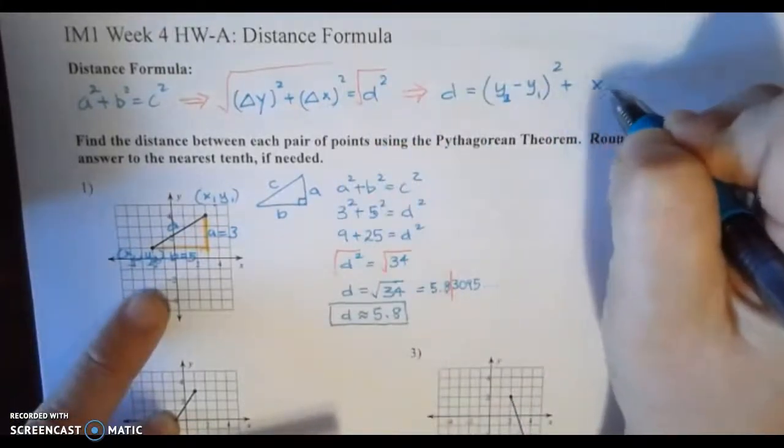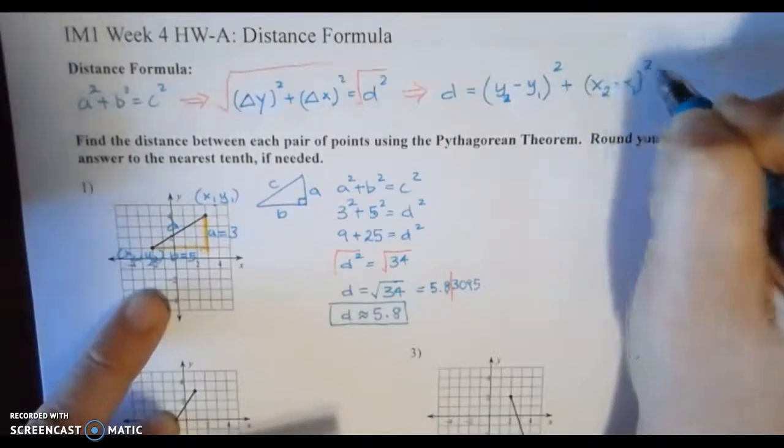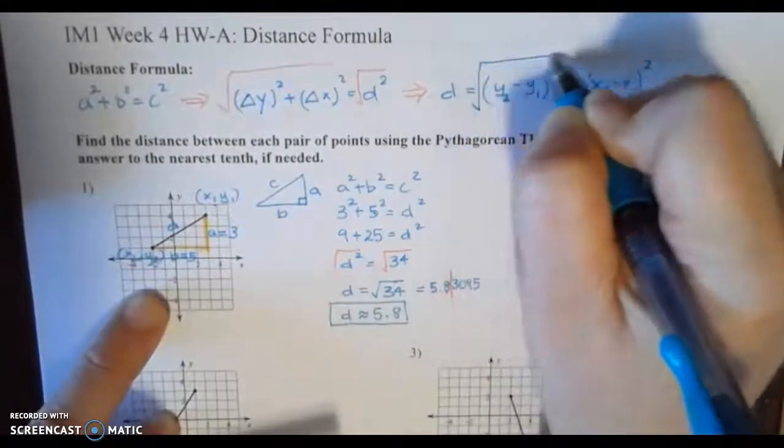That's x2 minus x1 all squared, and there's a square root sign.